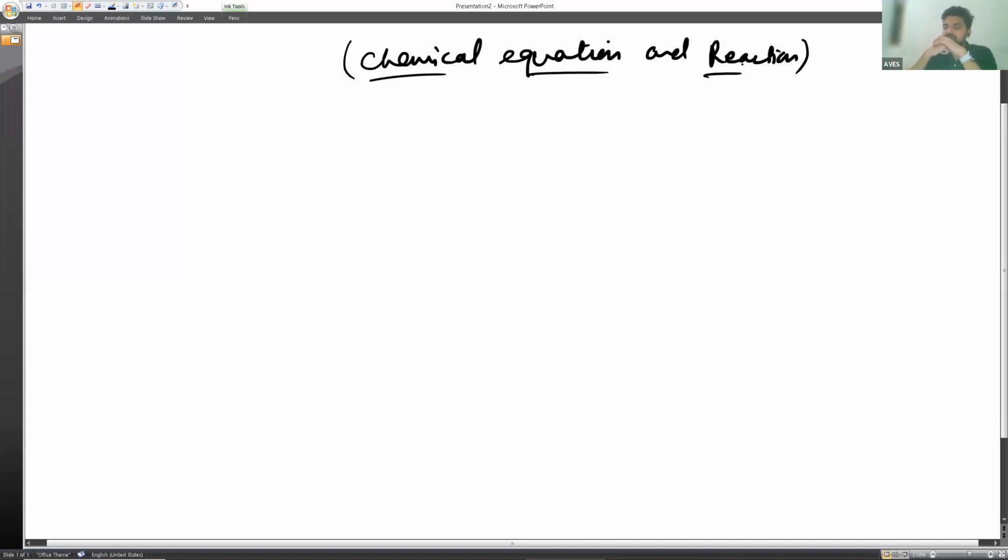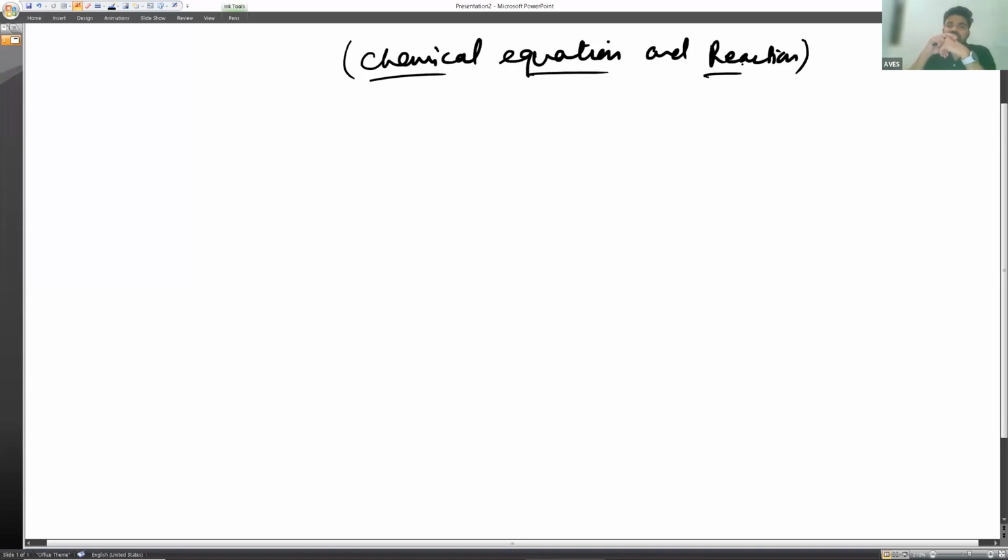We used to write that this compound reacts with this compound to give that compound. If you burn hydrogen gas, you find water. You add metal to the acid, you find hydrogen gas.